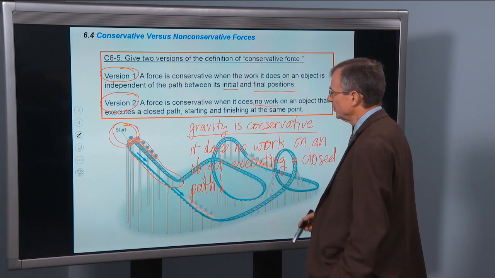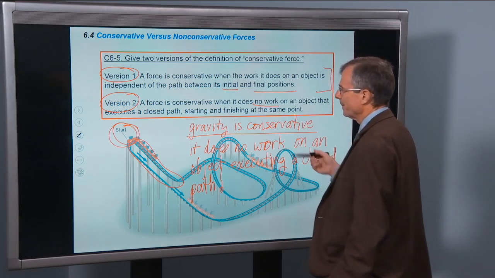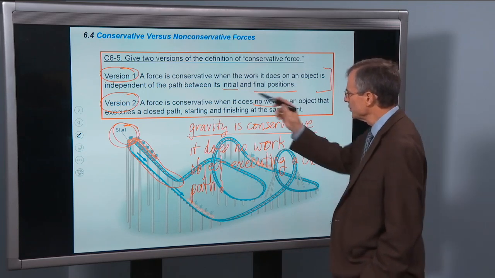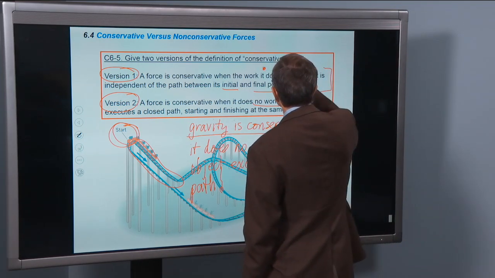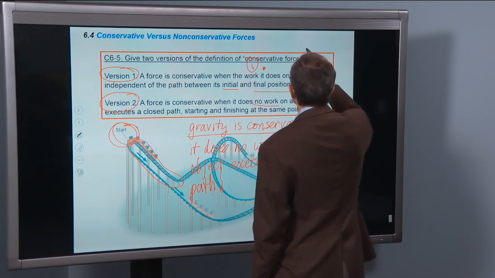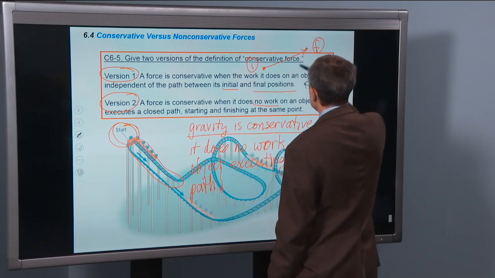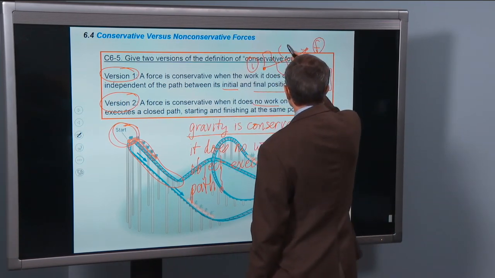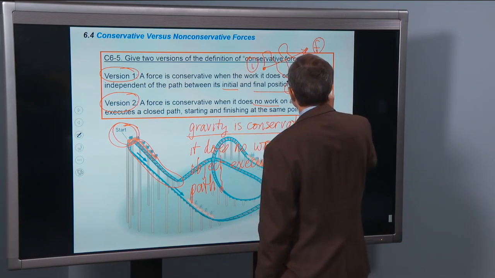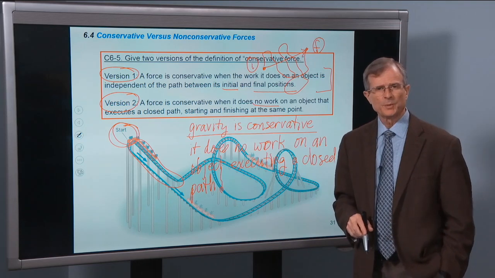So that's true for this particular case, but in this version of it, the initial and the final positions don't have to be in the same place. So we could have an initial position here and a final position here, and we could take a nice straight line path between the initial and the final position, or we could take a windy one, and the work done by that force between those two positions would be the same.